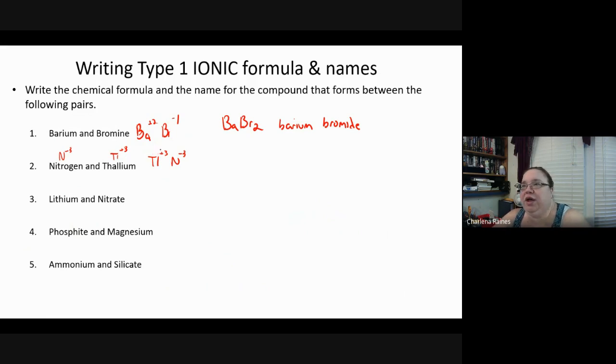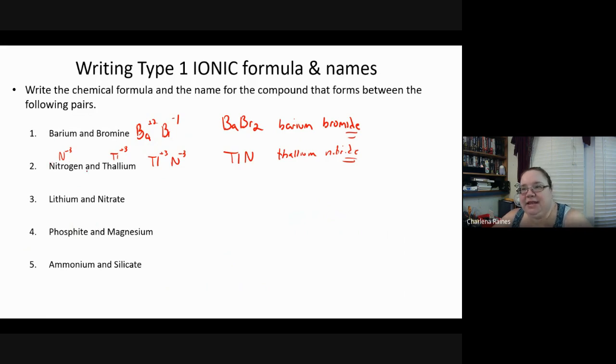So we only need 1 of each, which means my formula is TLN. And how do I know that's an L and not an I? Well, I's have a dot. So TLN is my formula. The name is thallium nitride, because with 2 capital letters, that ending must be IDE.